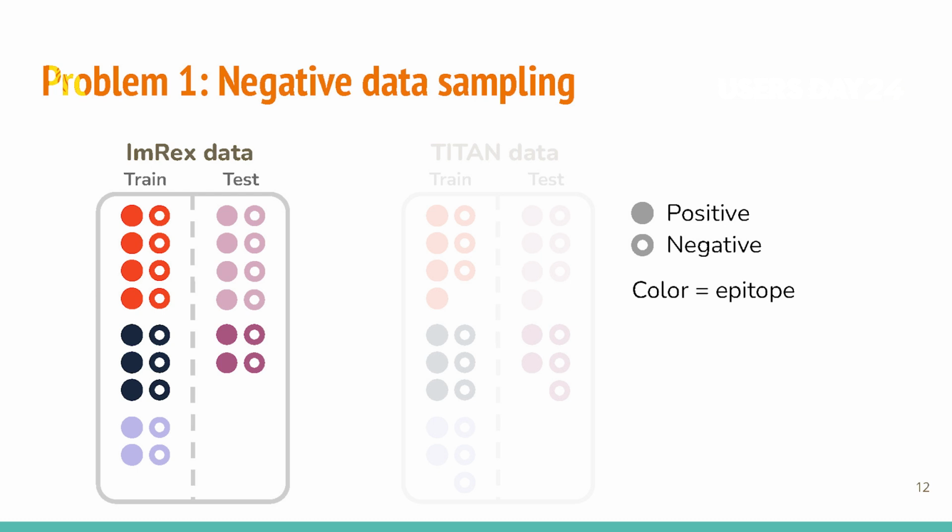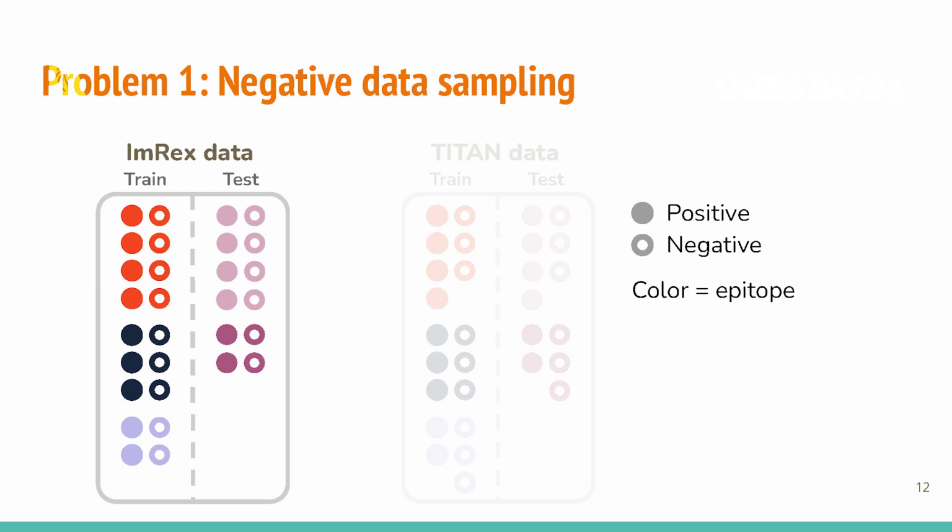Then in Titan, they do this data generation or negative data sampling a bit differently. Instead of keeping the same number of positive and negative samples for each epitope, they just took the same number of negative samples for each epitope.